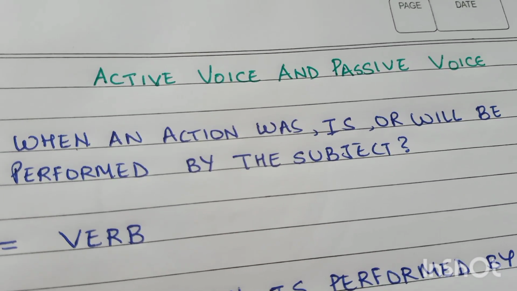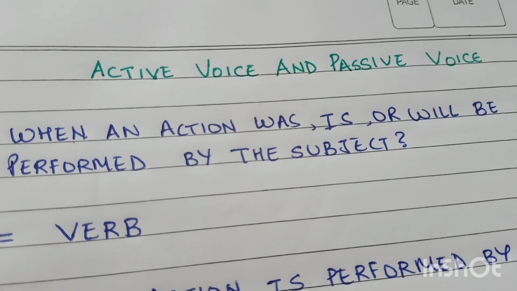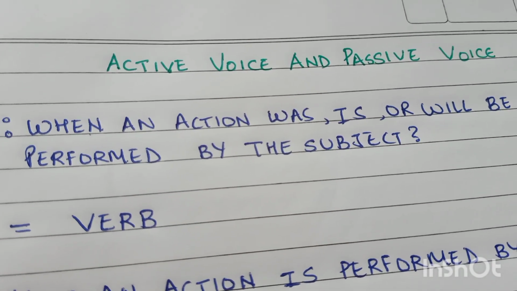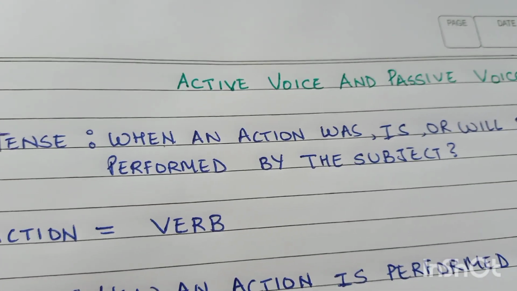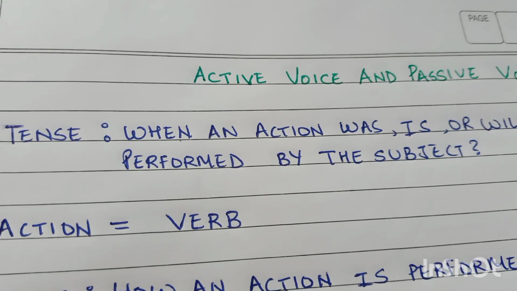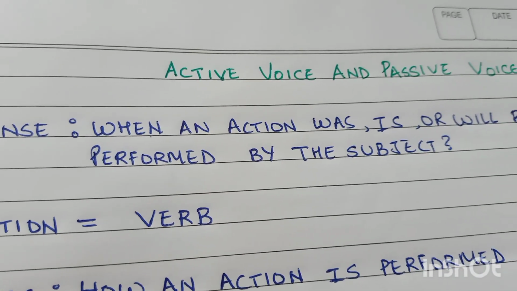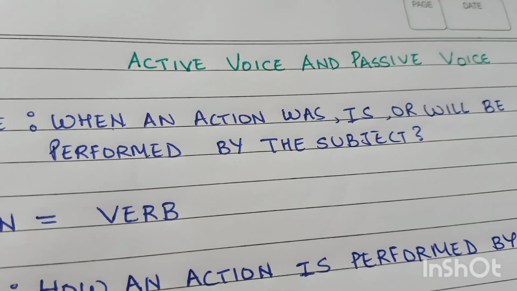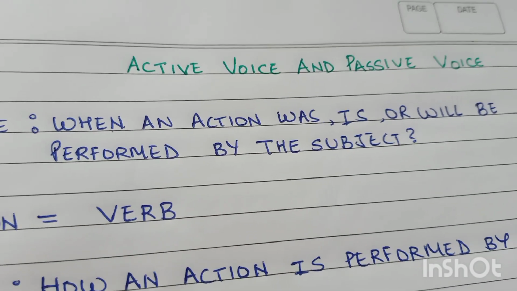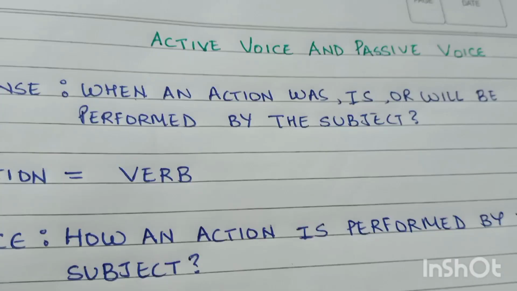Okay. Now let's go back a little bit into our classes. Recently we covered the topic tense, isn't it? In tense, we learned when an action was, is, or will be performed by the subject. All right.